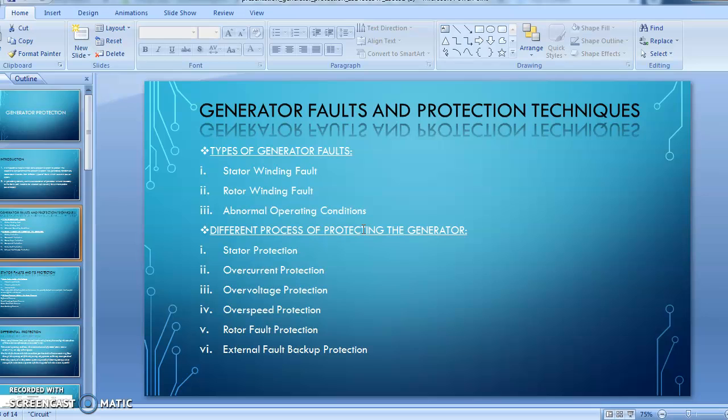A fault in the voltage will occur owing to the loss of excitation, which may result in a loss of synchronism, and there will be a possibility of overheating in the rotor.